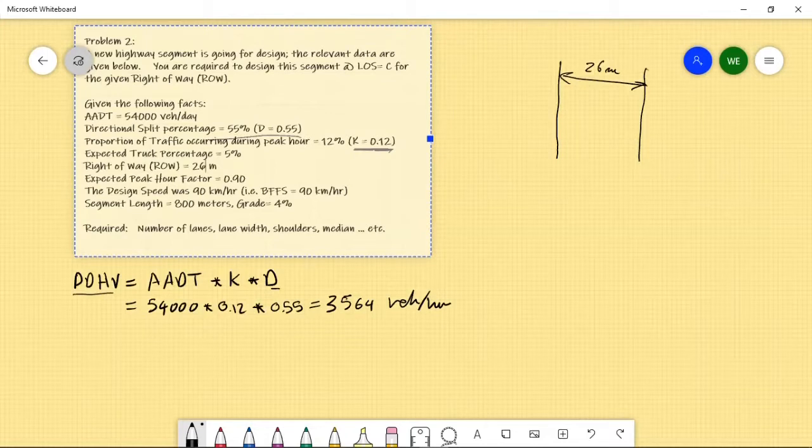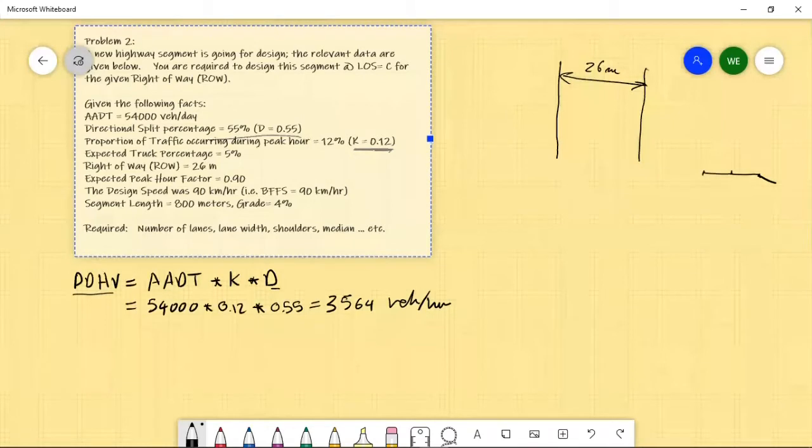So how can we start? We start first by assuming the ideal condition. Let's see if we have a shoulder and lanes.